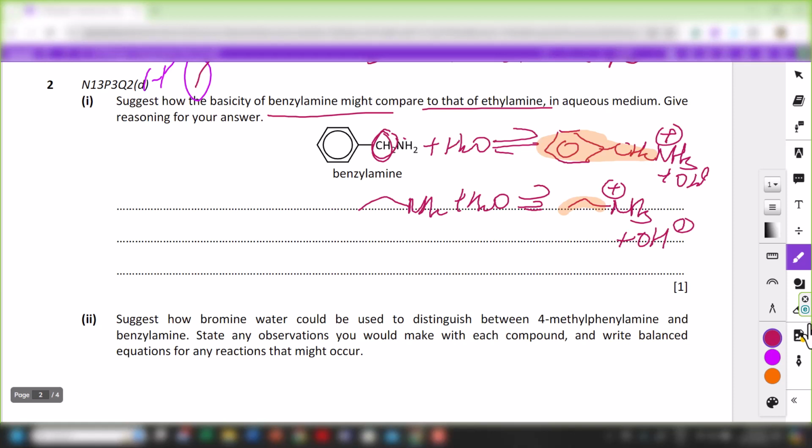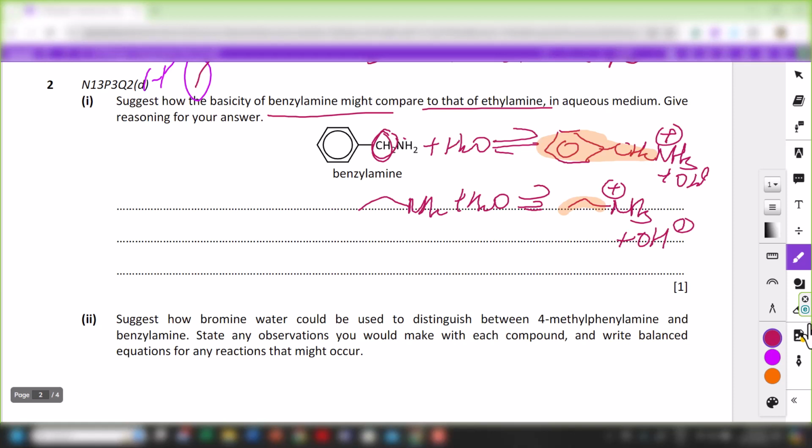In this case, you notice that the CH2 is stuck in between the two. So its effectiveness in enhancing the electron density is spread out between the phenyl ring and the amino group. But for ethylamine, the CH2 is essentially having its effect largely on enhancing the electron density of the lone pair.